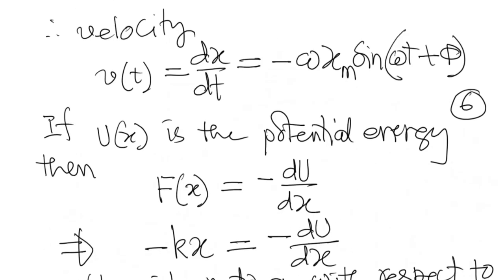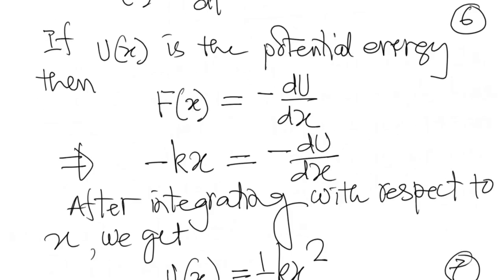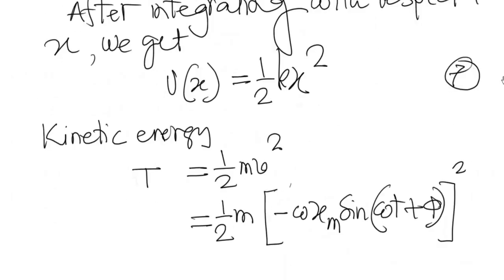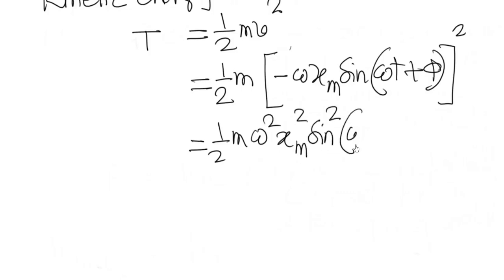This one we have used this equation 6, the velocity. Now m omega square equals k, because omega is square root of k by m.